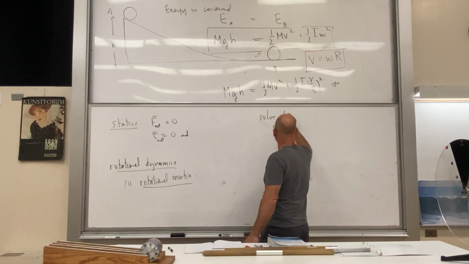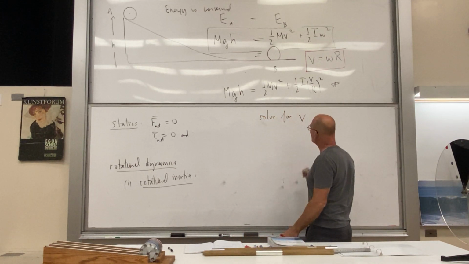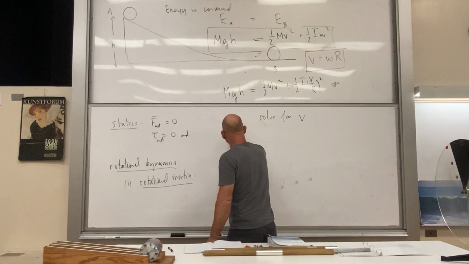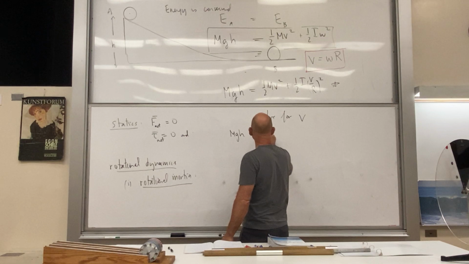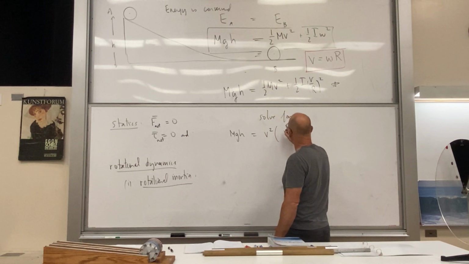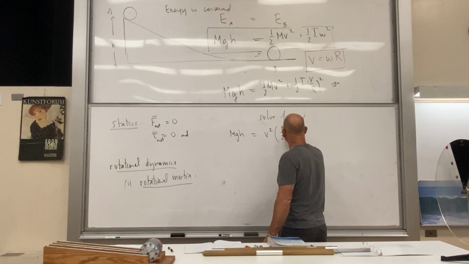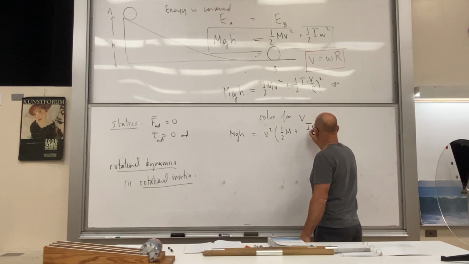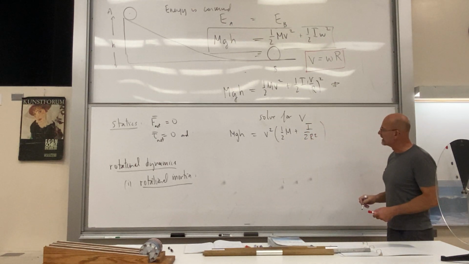Solve for V, and we'll do this in a couple steps: mgh equals v squared times (1/2 m plus I over 2r squared). I just factored out the v squared.